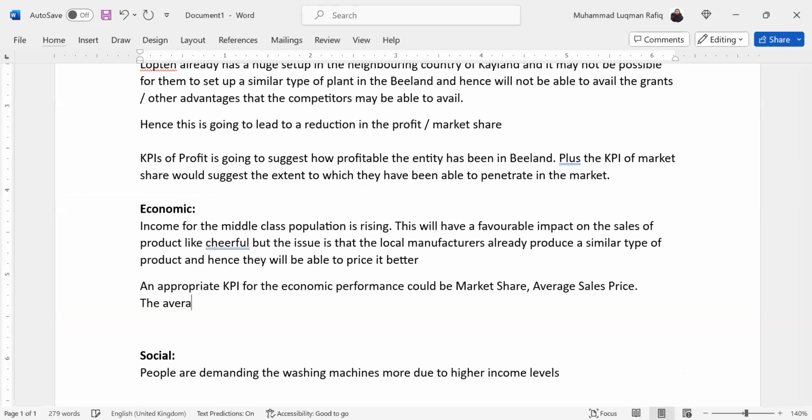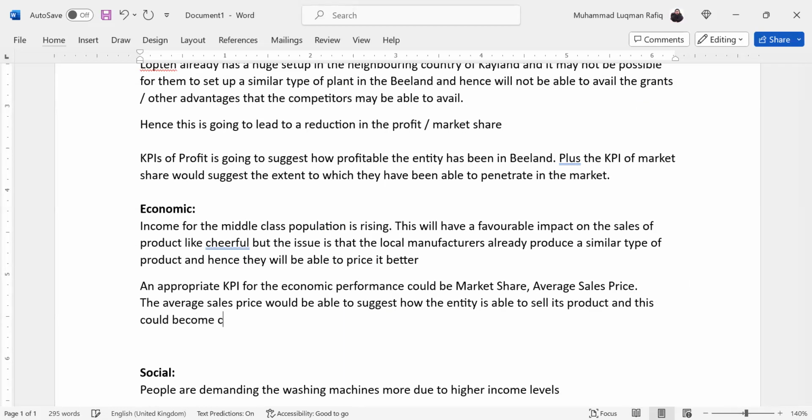The average selling price would be able to suggest how the entity is able to sell its product, and this could become comparable with those of the competitor.